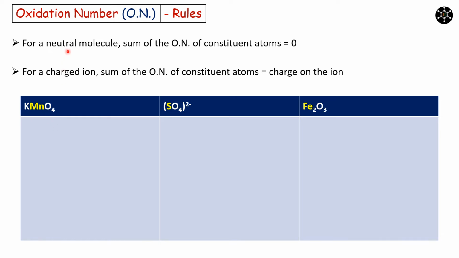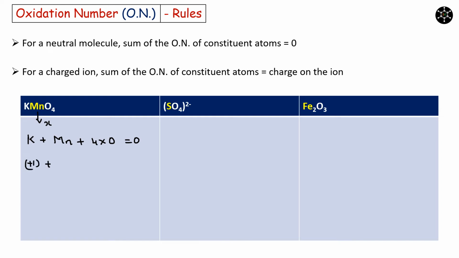From rule 1 we know, for a neutral molecule, the sum of the oxidation numbers of the constituent atoms is equal to 0. So, oxidation number of K plus oxidation number of manganese plus 4 into oxidation number of oxygen must be equal to 0. Let us call the oxidation number of manganese X. From the chart we know that the oxidation number of K is +1.